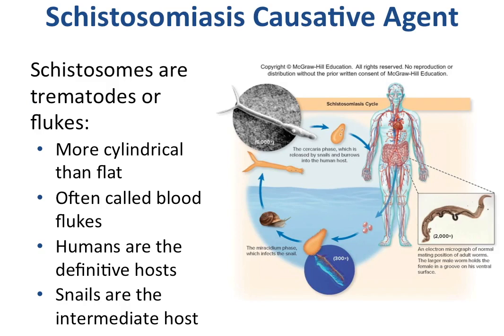The schistosomes are trematodes, or flukes. They are cylindrical in shape. They are also called blood flukes. The human is the definitive host. The snails are the intermediate host.